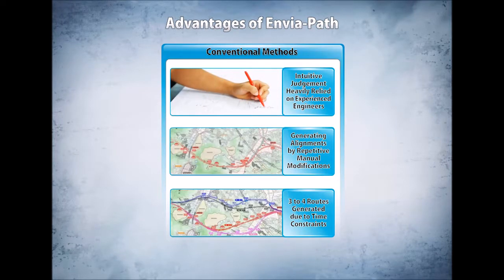The conventional alignment design requires intuitive judgment, relying heavily on experienced engineers and repetitive manual modifications. Due to these constraints, only 3 or 4 alternative routes can be generated.